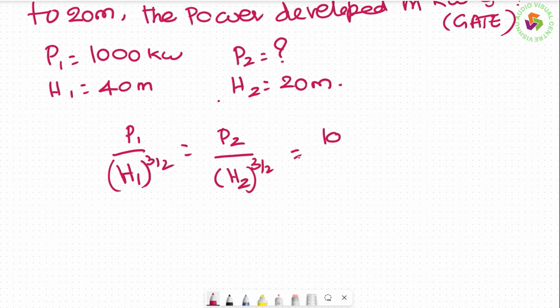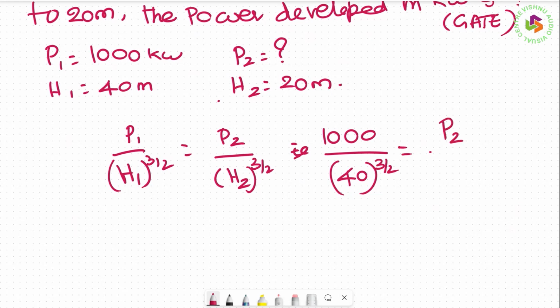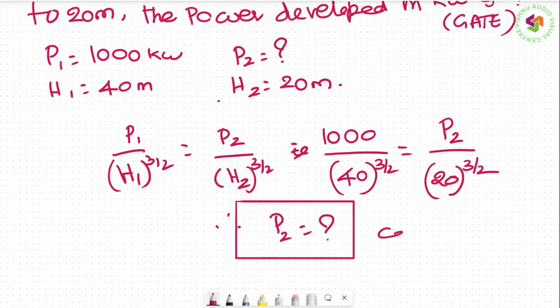So that is 1000 divided by 40 to the power of 3 by 2 is equal to P2 divided by 20 to the power of 3 by 2. Therefore, P2 is equal to how much? Calculate.